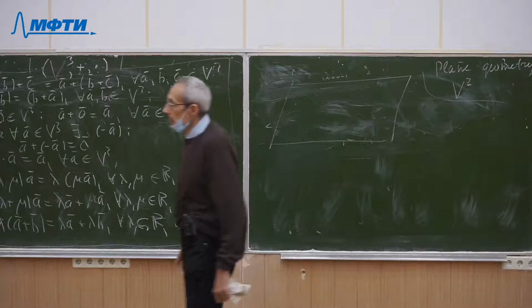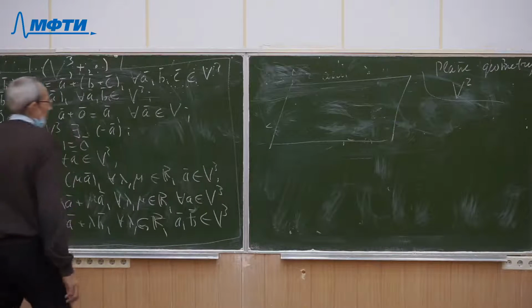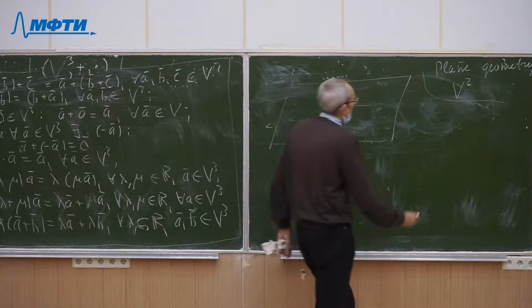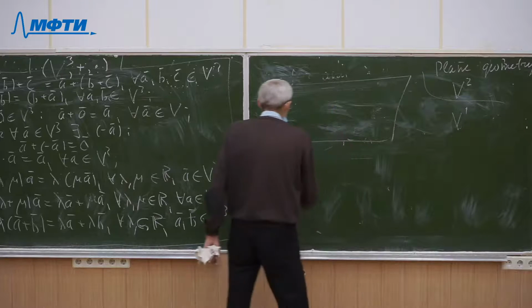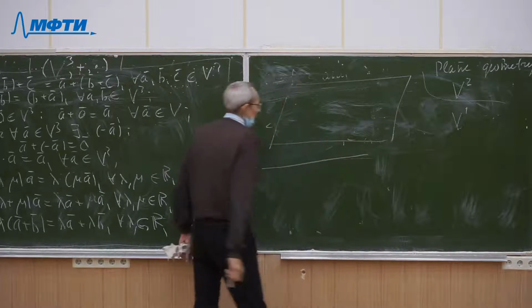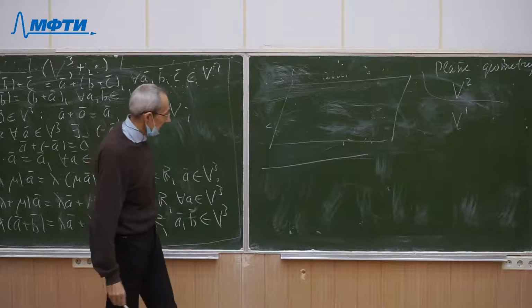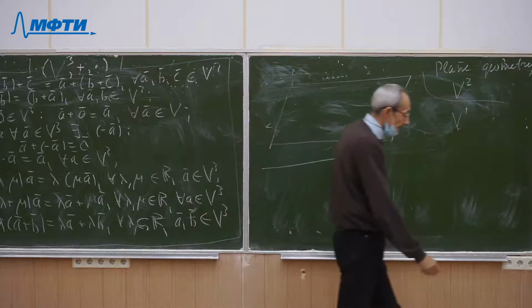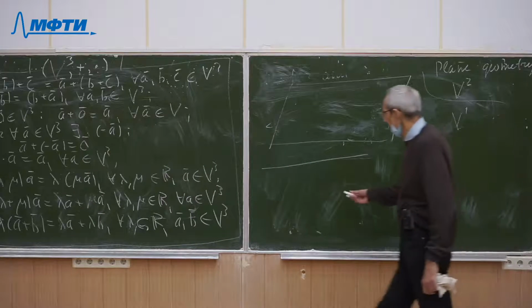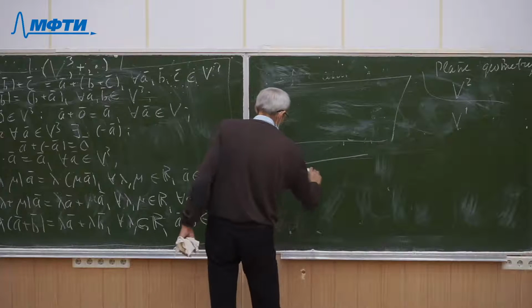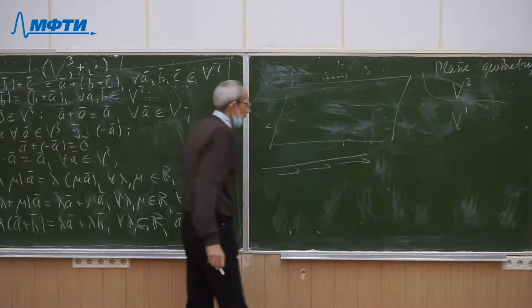We can continue our way and change to V1. We can consider some straight line in the space and consider only the vectors which are parallel to this line.